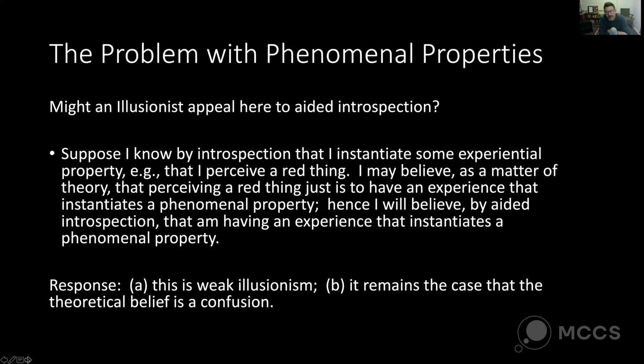And moreover, it remains the case that the theoretical belief here is a complete confusion from Nida-Rümelin's point of view. The idea is that there just isn't a phenomenal property of this kind. So it would be ridiculous to believe that when you perceive a red thing, that is just to have an experience that instantiates this phenomenal property, because there's no such property.